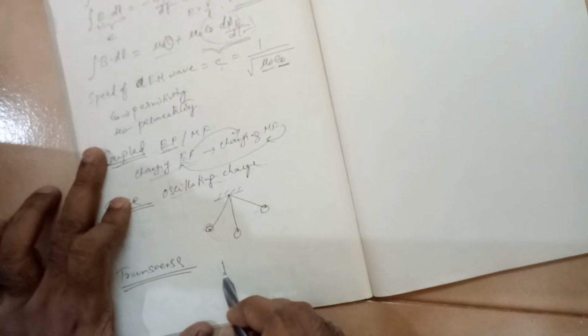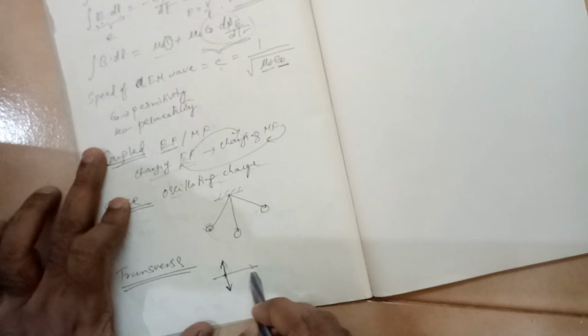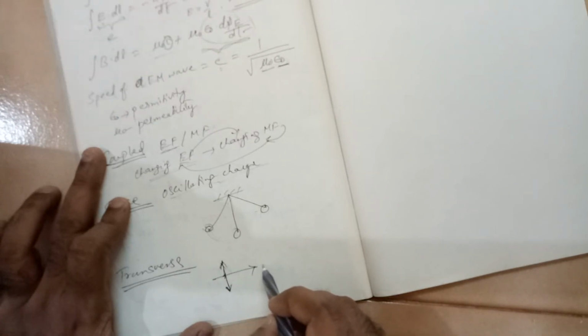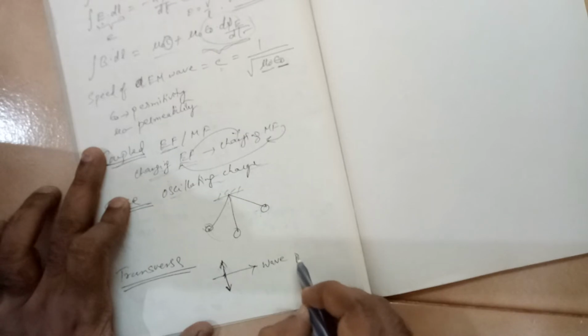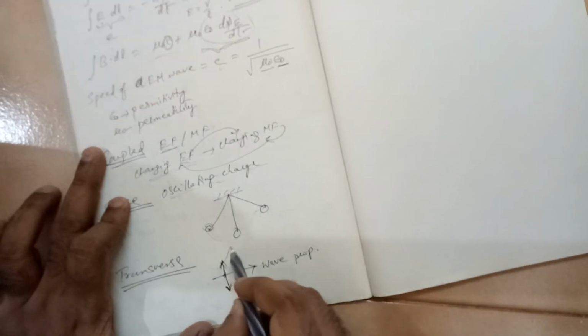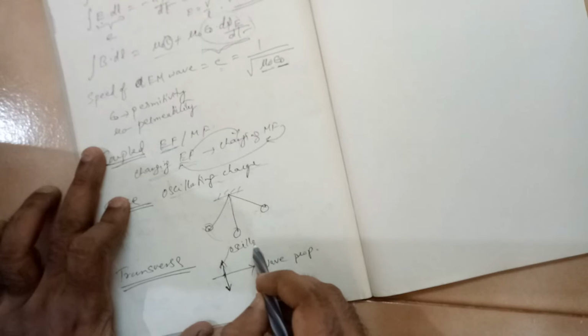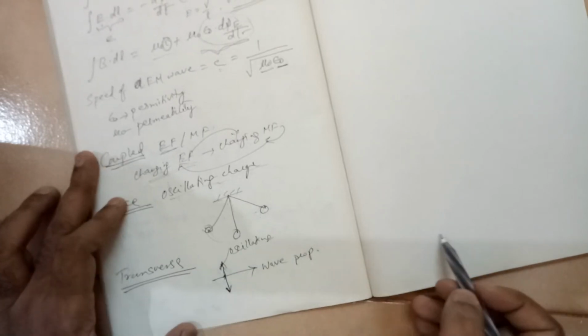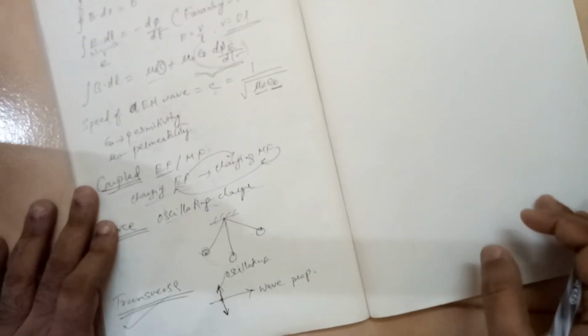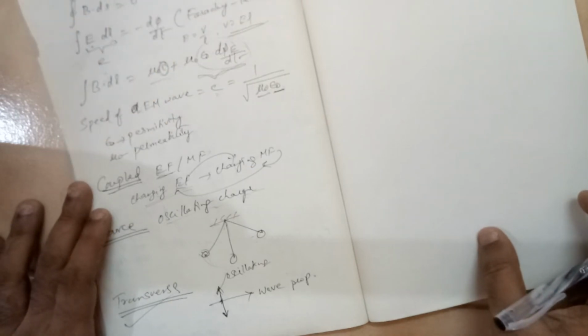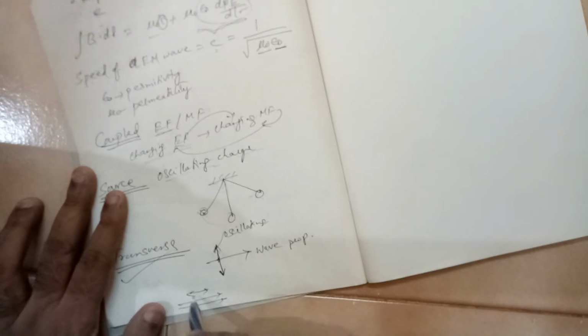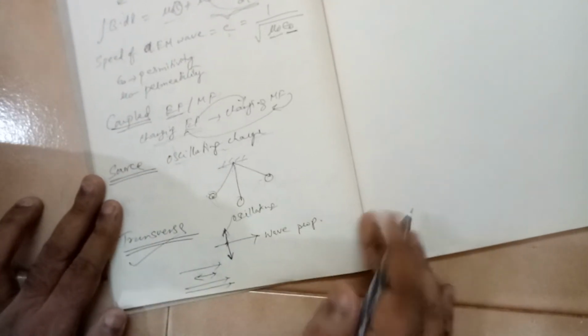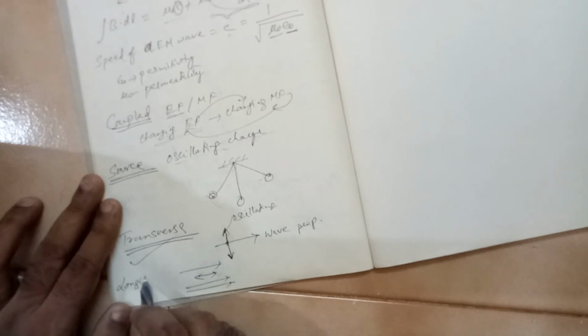A particle is oscillating like this, but the wave is propagated like this. This is my wave propagation, and this is the oscillating direction. They are perpendicular to each other. It is called transverse wave. When the particle oscillates in one direction and the wave also propagates in the same direction, it is called longitudinal wave. Here they are in the same direction.